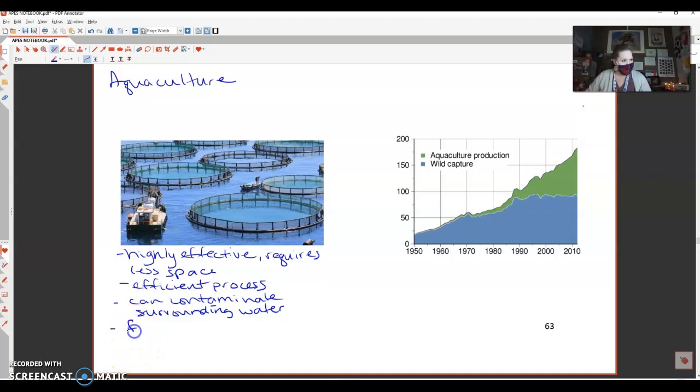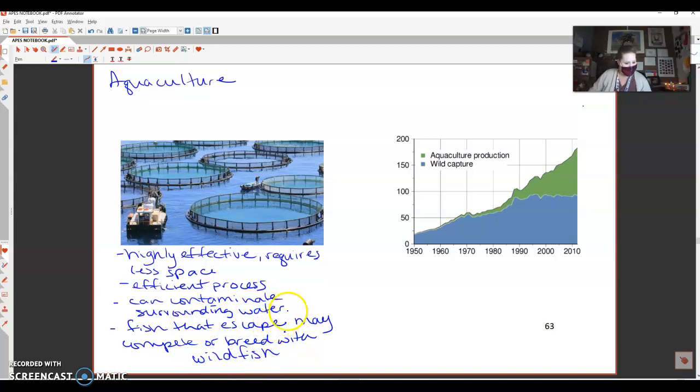So fish that escape may compete or breed with wild fish. So that's going to impact biodiversity as well.